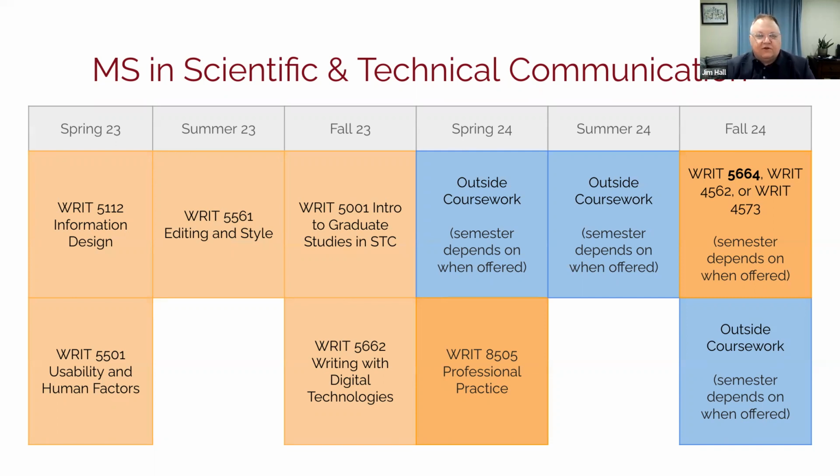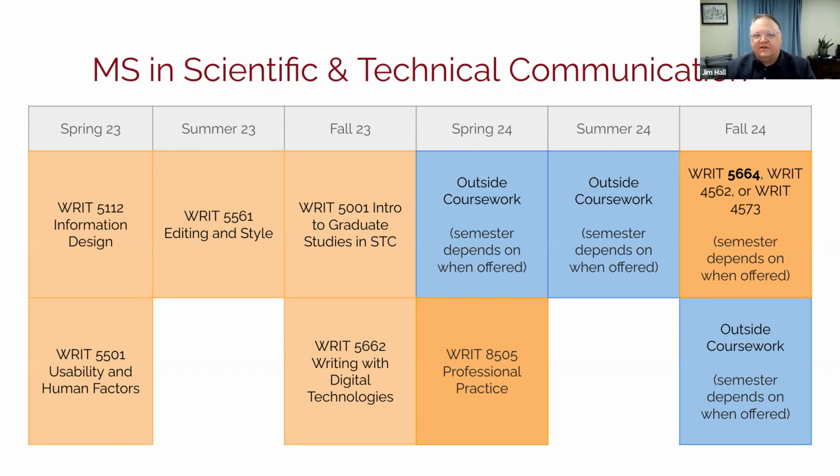But basically, what course students take as the elective depends on their interest area and, of course, when it's offered. So individual student schedules may vary here. And then, of course, the last 3 credits from outside the program, and that's what that other blue box represents.